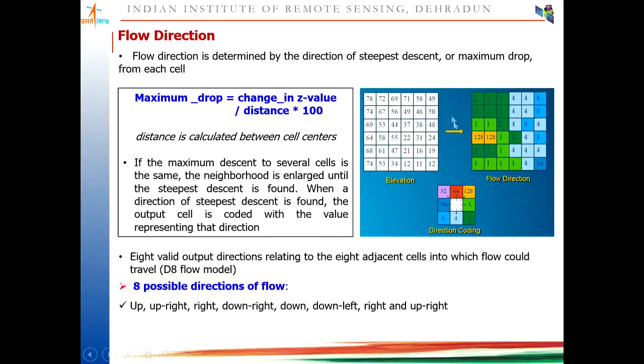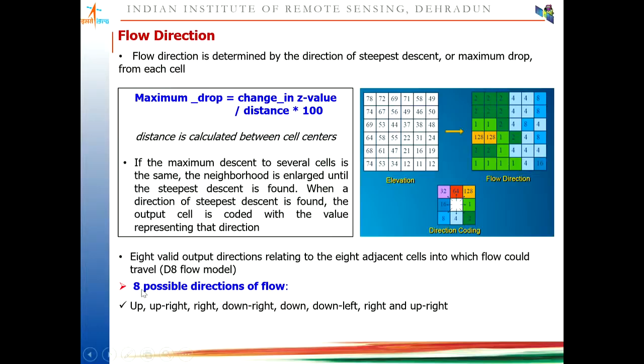Suppose this is the digital elevation model where the height map is stored in pixel form. When we run this elevation map, we generate the flow direction, which is based on the change in height value with respect to the distance. The flow direction is calculated in 8 directions, so we call it the D8 flow model.